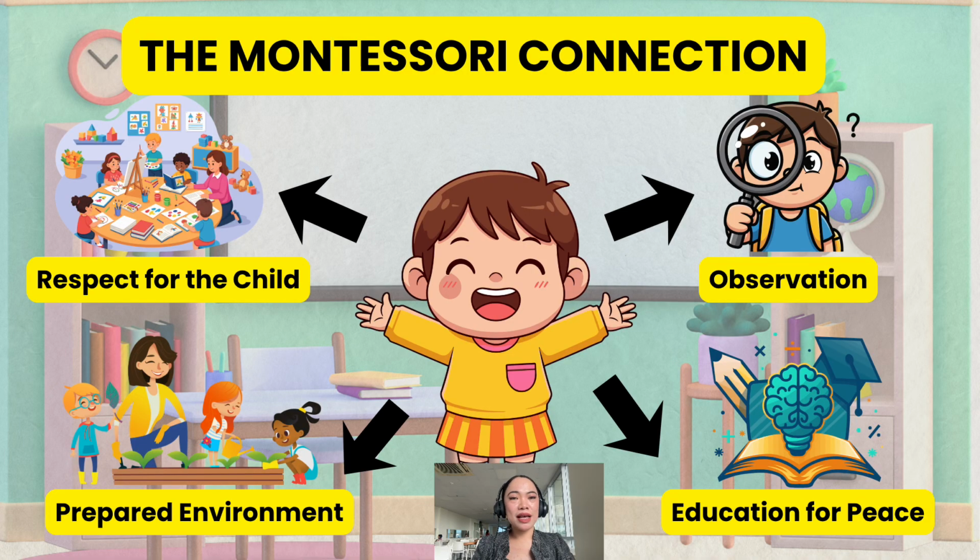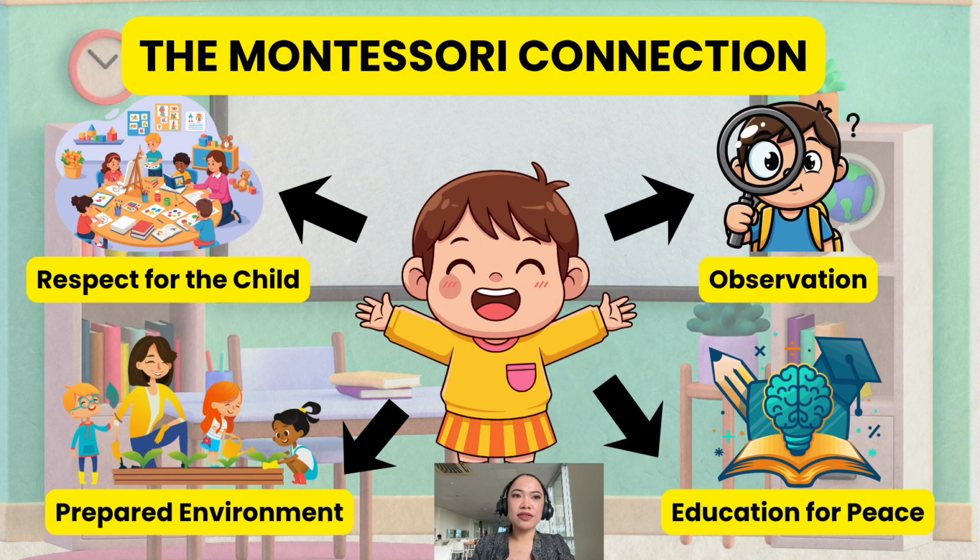These principles strongly connect with the Montessori approach. At the center of Montessori education is respect for the child. Montessori education recognizes that every child develops differently and should be supported according to their individual needs and readiness. Observation is also essential.